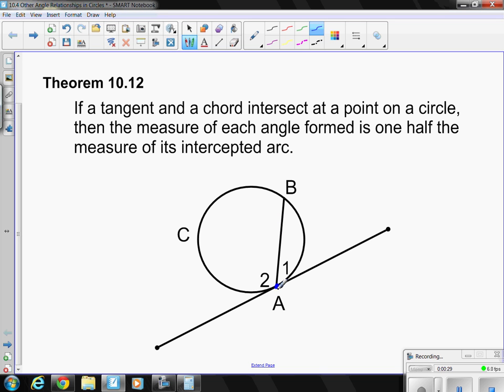And if you think about it, the complete measure of a circle is 360 degrees all the way around. That's 360 degrees. For an angle here, this is a straight angle.